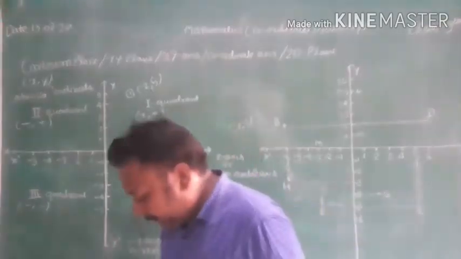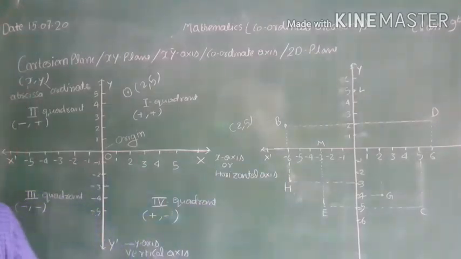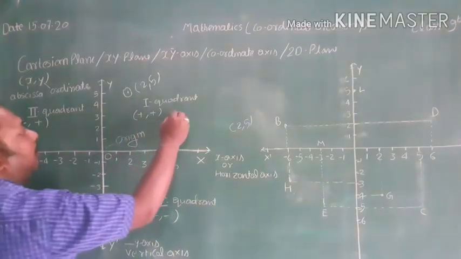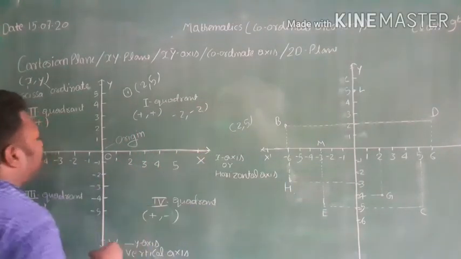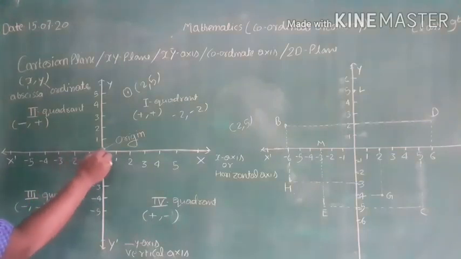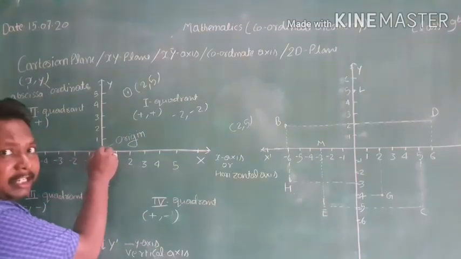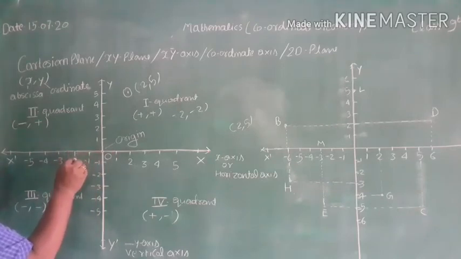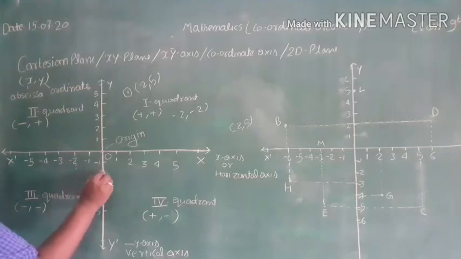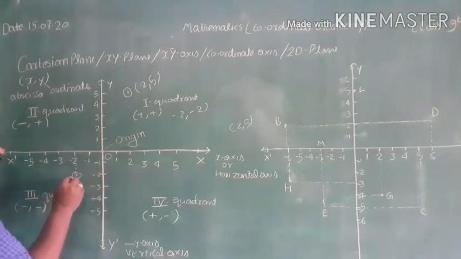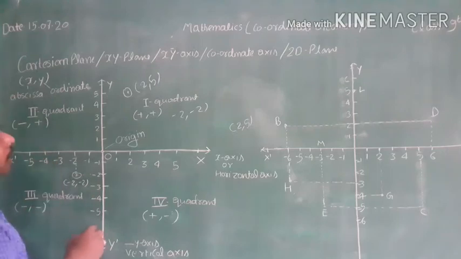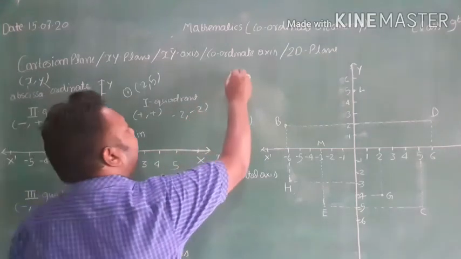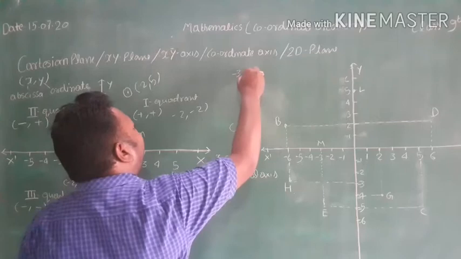Now we plot another point. Suppose we take the point (-2, -2). So where does it lie? We start from the origin and travel to -2 and then -2 downward. So this is the position of that point. Another point, suppose the point is (-3, 1).